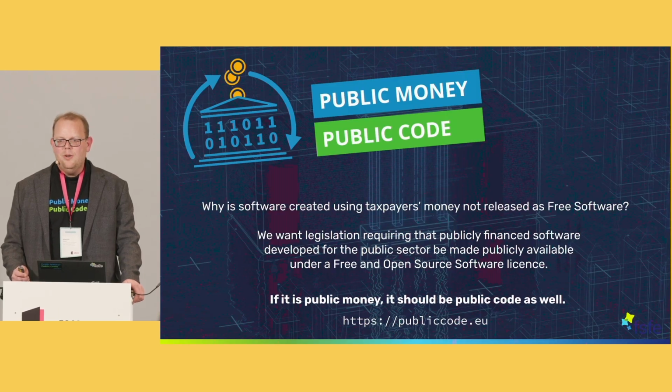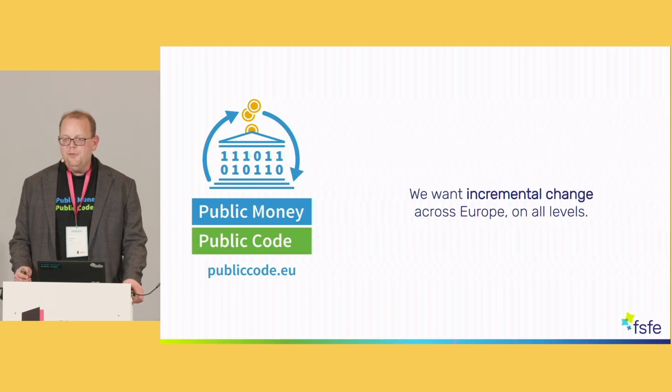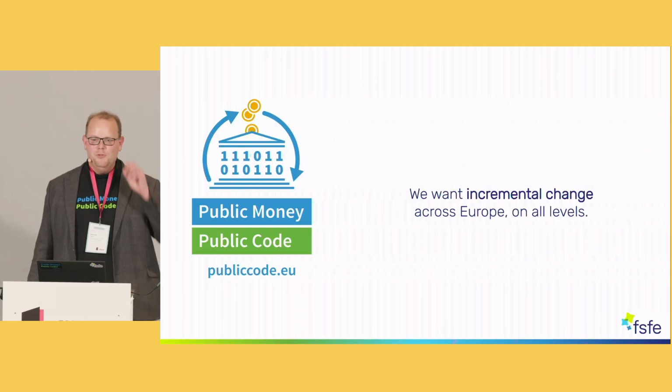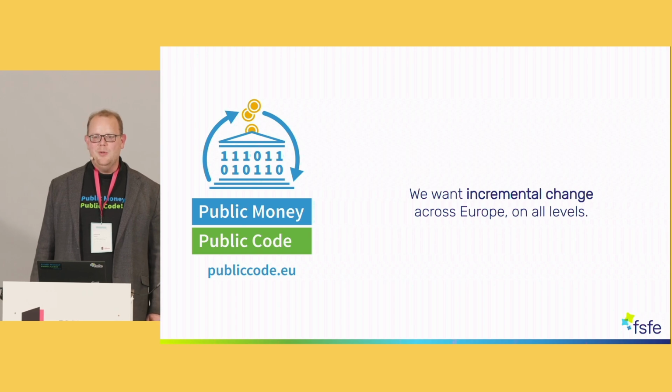This is also because Public Money, Public Code has a very simple claim. We want software created using taxpayers' money to be released as free software under a free software license. Whenever it's public money, it should be public code as well. Of course, this is somehow drilling through hardwood, so it's going to take some years.